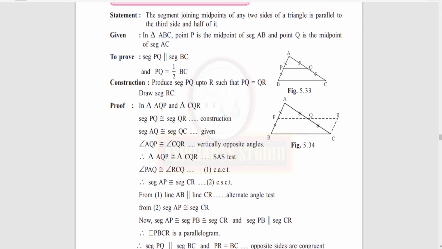In between we can introduce segment PB because segment AP is congruent to segment PB. So connecting all these you can write segment AP is congruent to segment PB is congruent to segment CR. Therefore we have segment PB is congruent to segment CR. And also we have segment PB is parallel to segment CR.